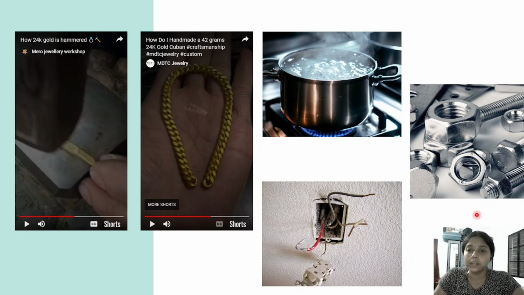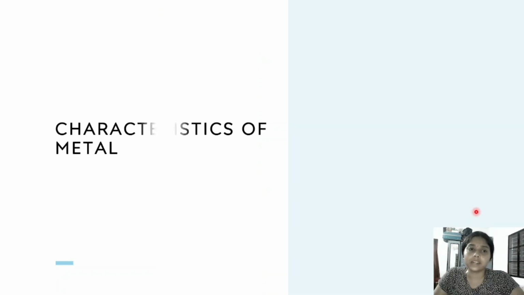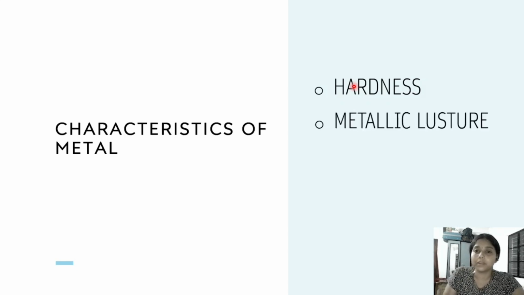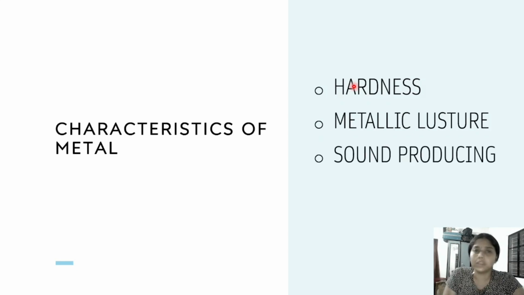Okay. Now from these, can you characterize some of the properties of metals? Yes, the metals are hard, right? Okay. It has a lustrous property. It was shiny in appearance. Okay, a sound was produced when the metal was hammered.